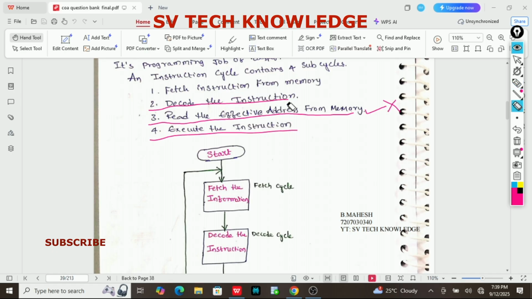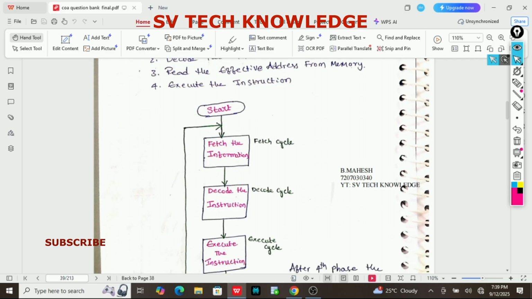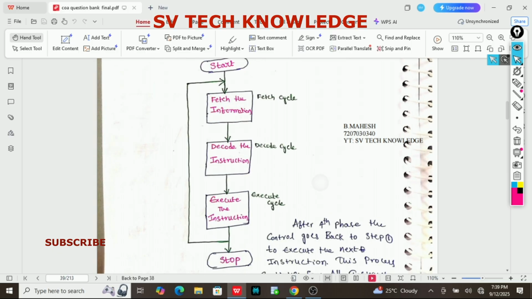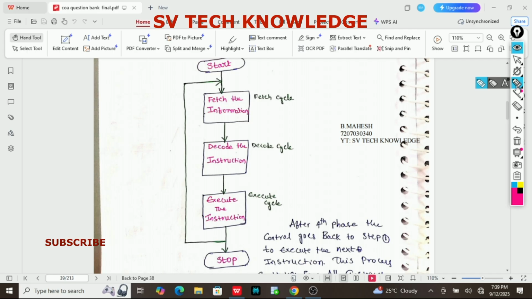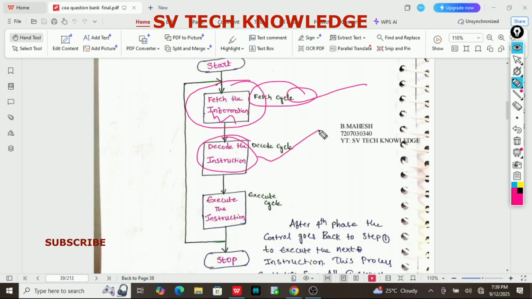So here, as I said, the instruction cycle has mainly 4 cycles. The first cycle is fetching the instruction from memory, which is called the fetch cycle, and the second phase is decoding the instruction, called the decode cycle, and the next cycle, executing the instruction, is called the execution cycle.